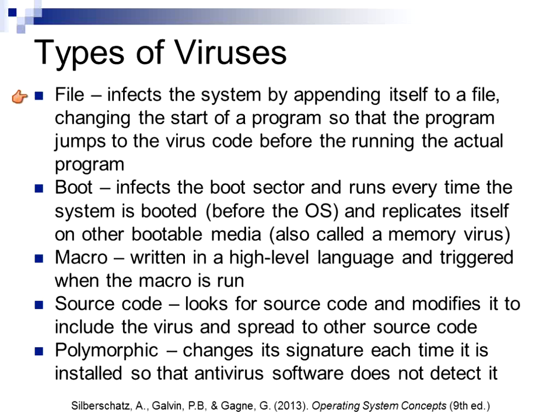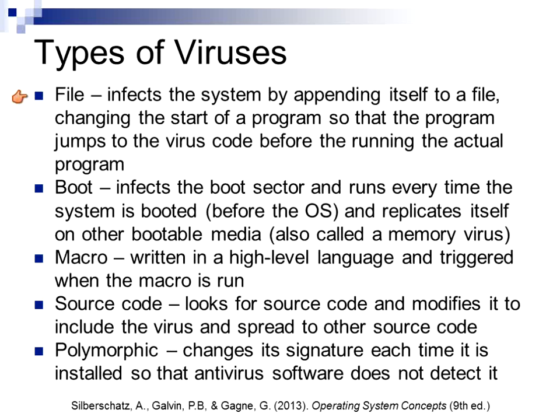The first type is a file virus, and that infects the system by appending itself to a file and then changing the start of the program so that instead of the program executing its normal code, it goes to some virus before it executes its own code.